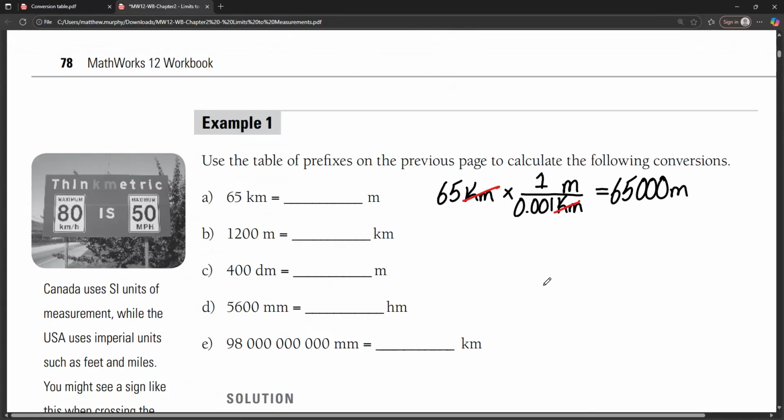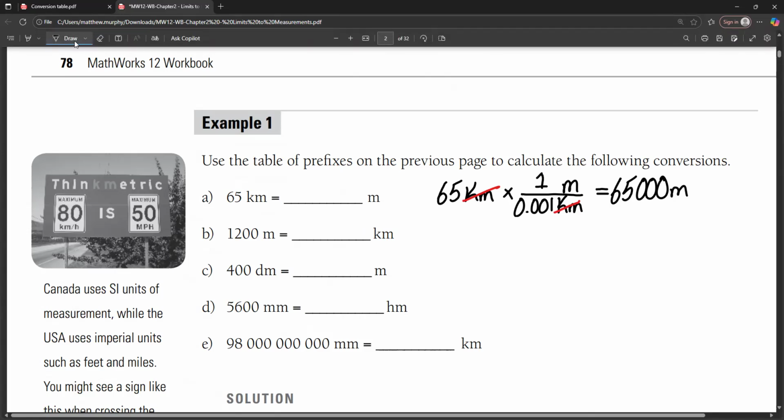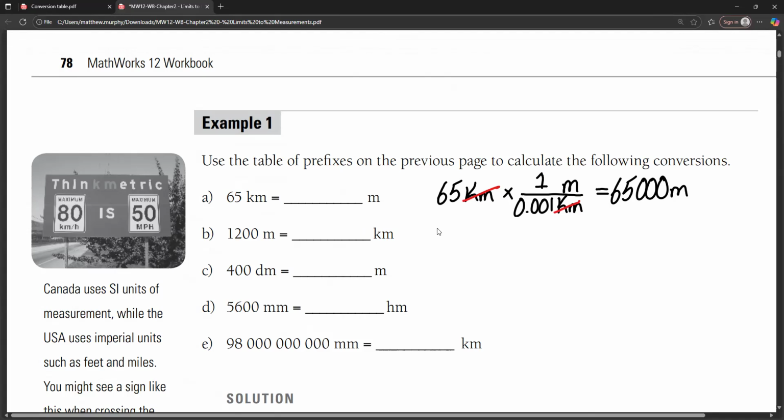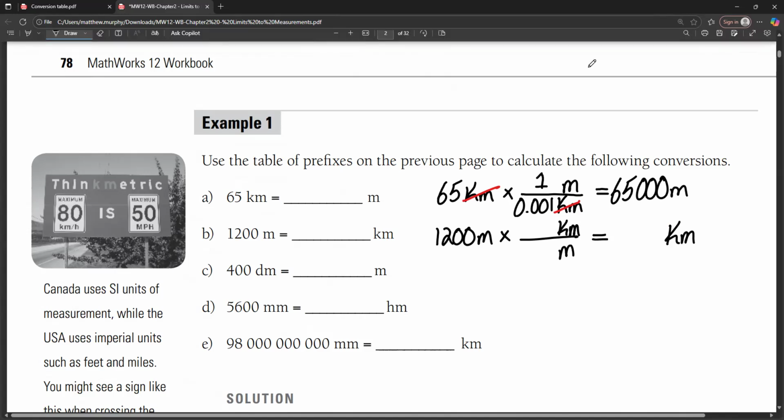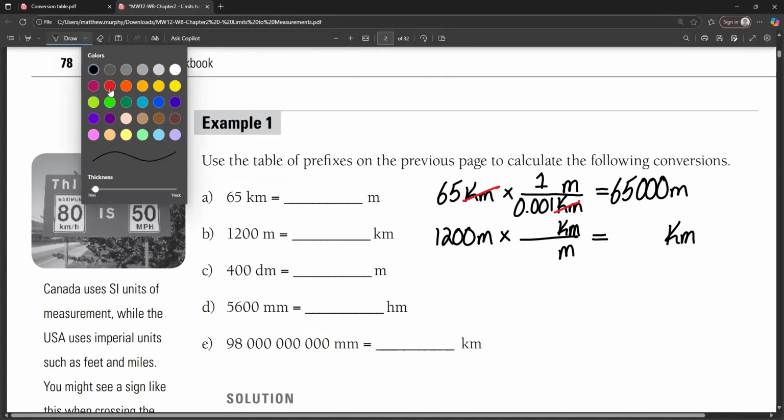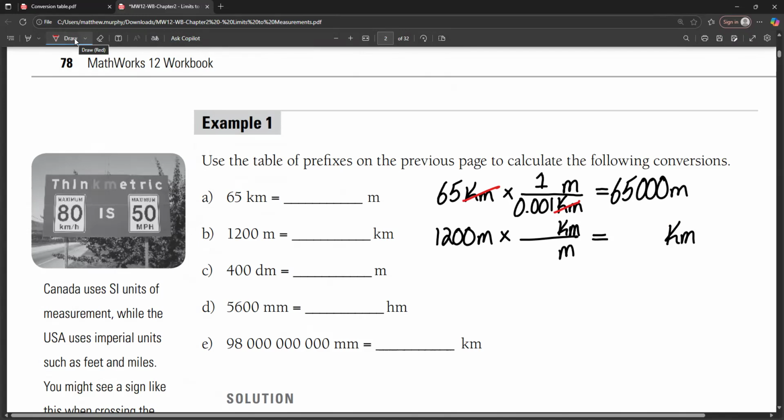And I'm going to do these ones here instead of looking at the solution, because they do it the same way I do. So I'm going to write down 1,200 meters, multiply. We want meters to cancel, and we want to be left with kilometers. So kilometers goes on the top over here, because that's ultimately what we want. Then I'm going to go to that table, write in the numbers.